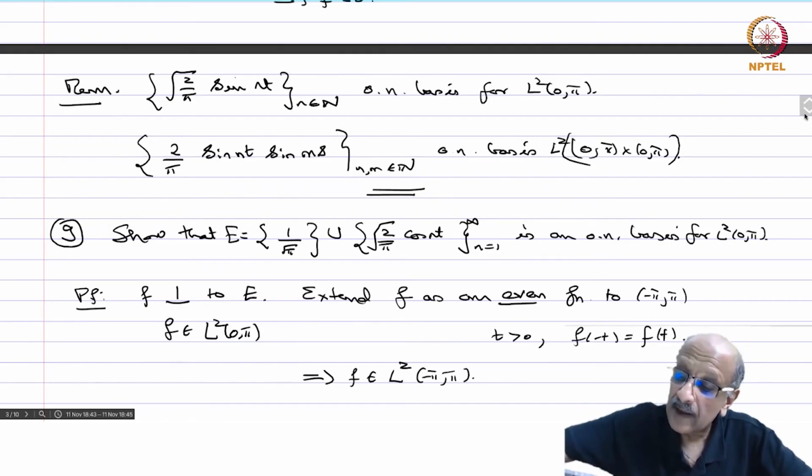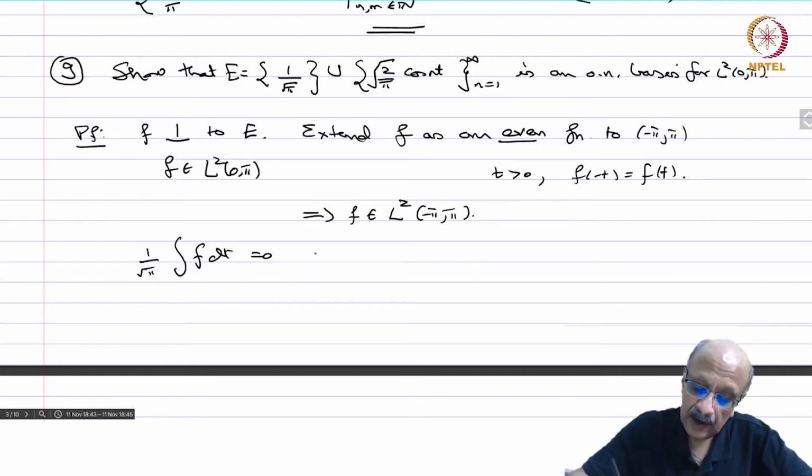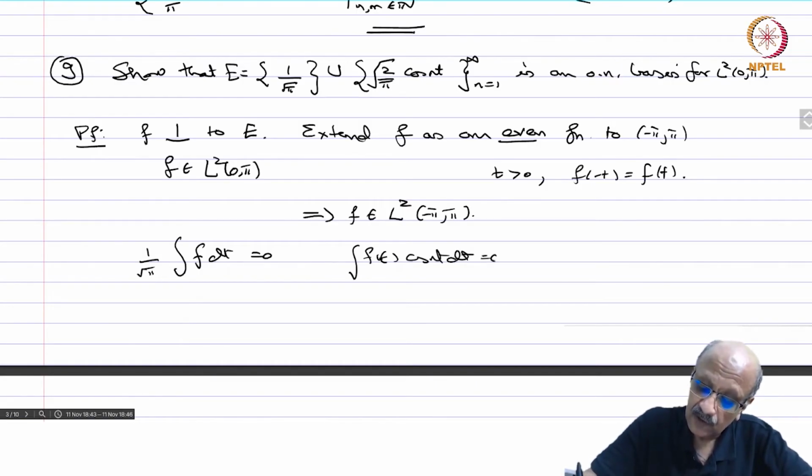So you are given that the integral of f dt times 1 by root pi is equal to 0, and you are given that integral f t cos nt dt from 0 to pi is also 0.